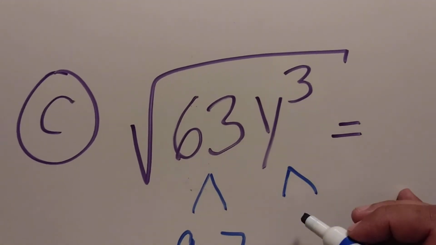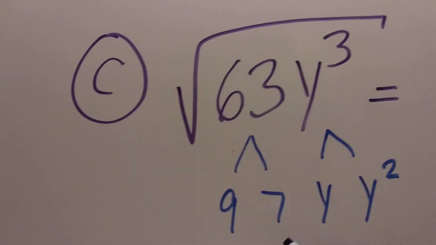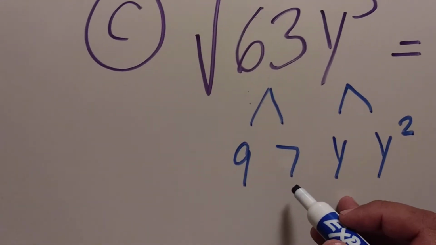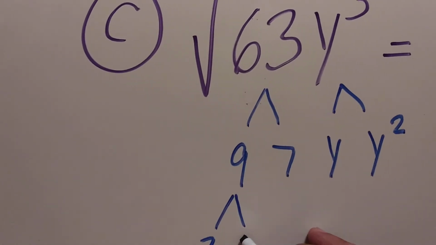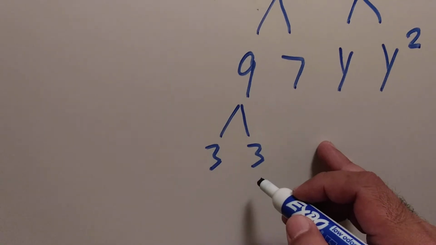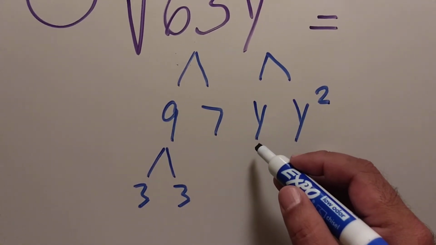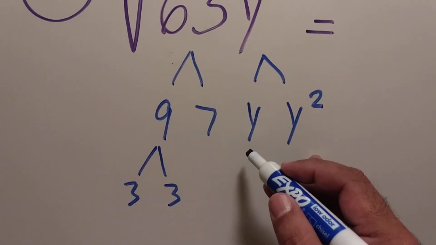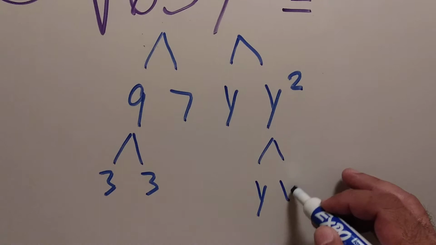This y to the third power is y times y to the second. Can we continue simplifying this 7? No, it'll just be 7 and 1. Here it would be 3 times 3, right? And on the right hand side, that y cannot be further simplified. So now we need to break down this y to the second as y times y.